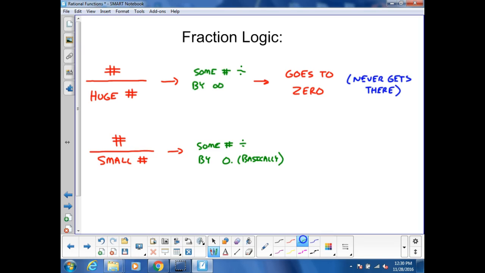Okay? So now let's take some number. So let's go 1 again. 1 divided by 0.000001. What do we get? We get 1,000,000, right? So what happens to that result? It gets huge, right? Okay. What does it go to? As I get smaller and smaller and smaller, that number down here that I'm dividing by, it's going to go to infinity.